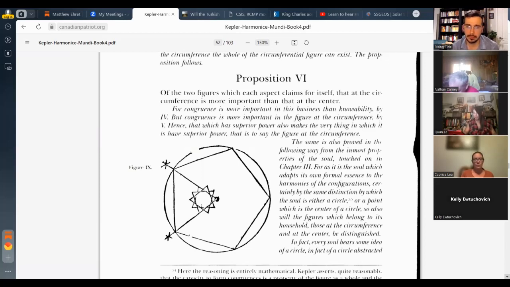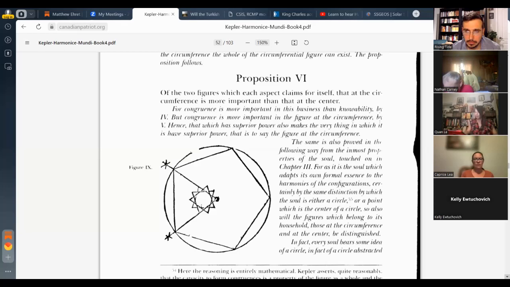But congruence is more important in the figure at the circumference. Hence, that which has superior power also makes the very thing in which it is have superior power. That is to say, the figure at the circumference.